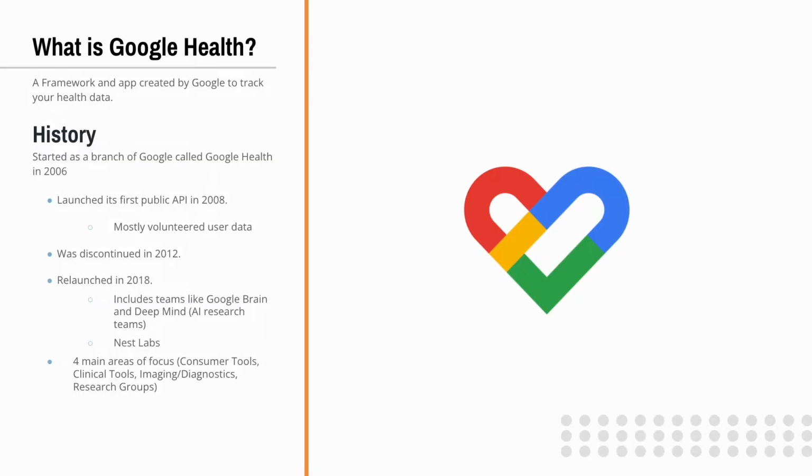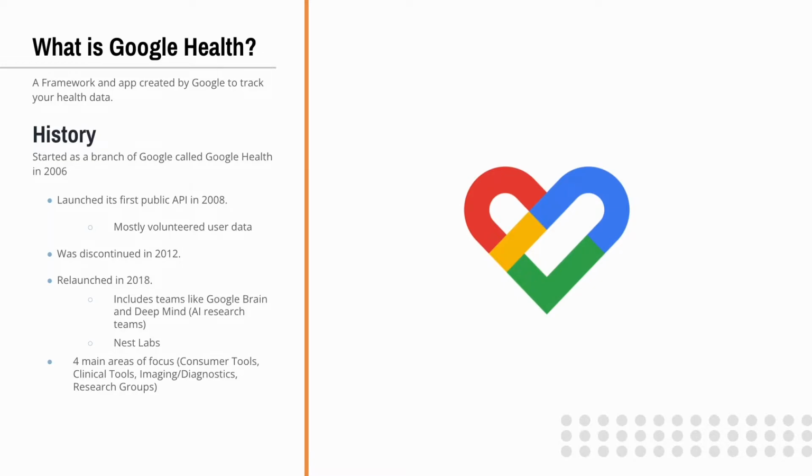And so they relaunched in 2018. One of the other reasons they discontinued it in 2012 was because the medical industry was not ready for it either. So they relaunched in 2018, and it's a bigger department. Now it contains things like the Google Brain and DeepMind AI teams.